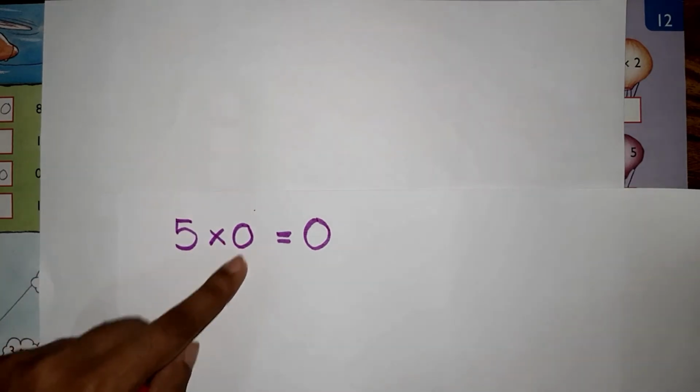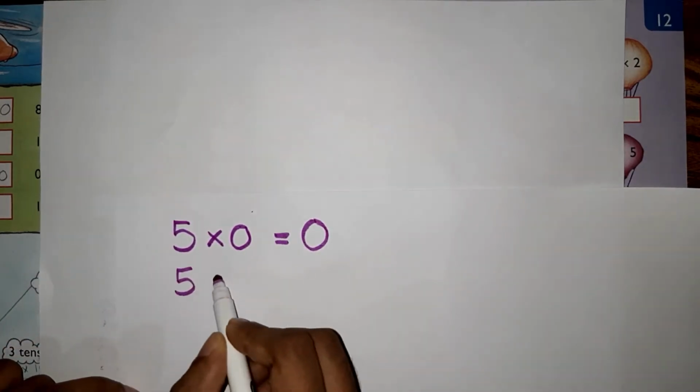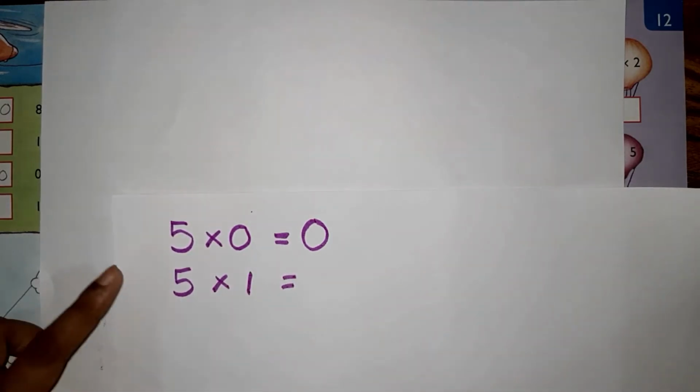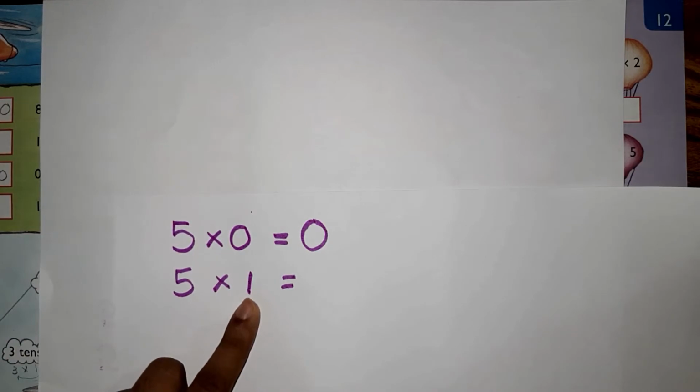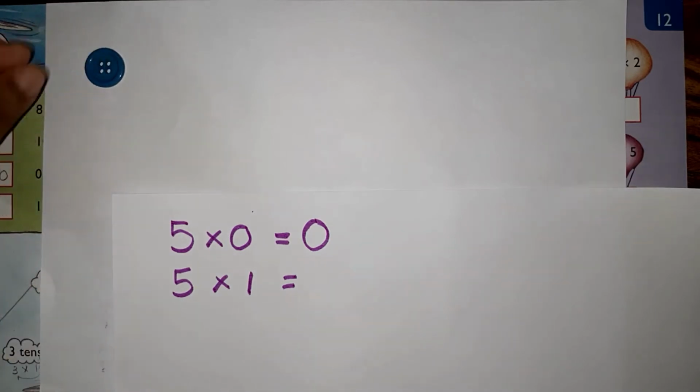Okay, after 0, we have to think about 1. It's 5 times 1. What does this mean? 5 times 1 means there are 5 sets with 1 object. So I'm going to make 5 sets with 1 object. I have put the buttons here.